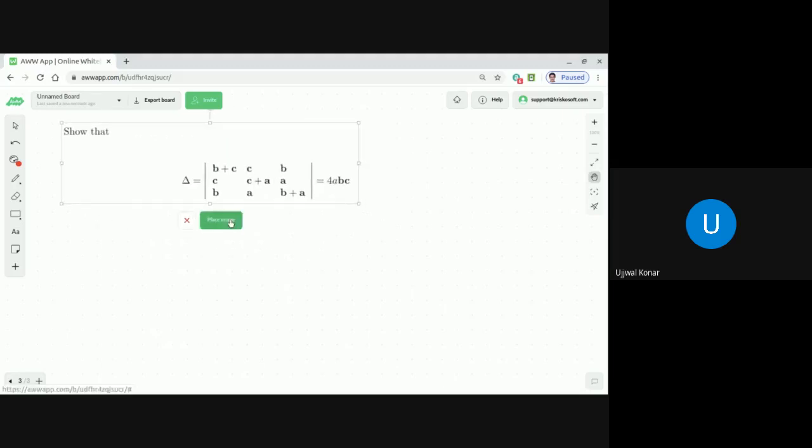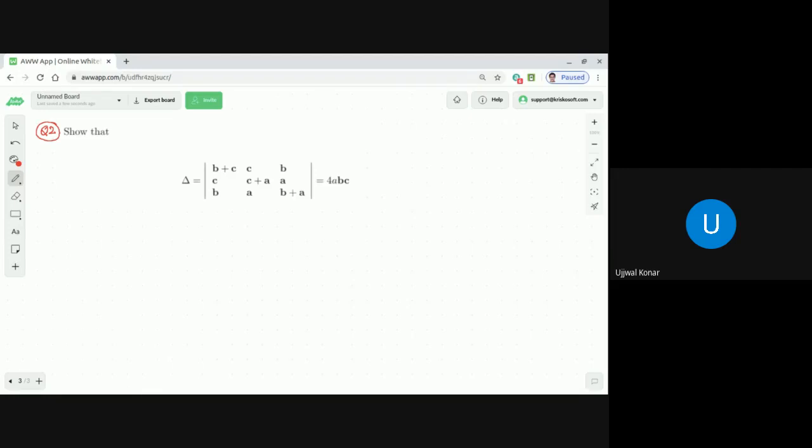So the question here is that the value of the determinant delta, if I read row wise, is B plus C, C, B, C, C plus A, B, A, B plus A. We need to show that it is equal to 4ABC.